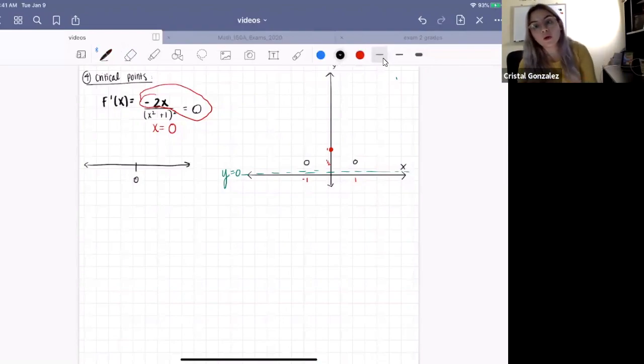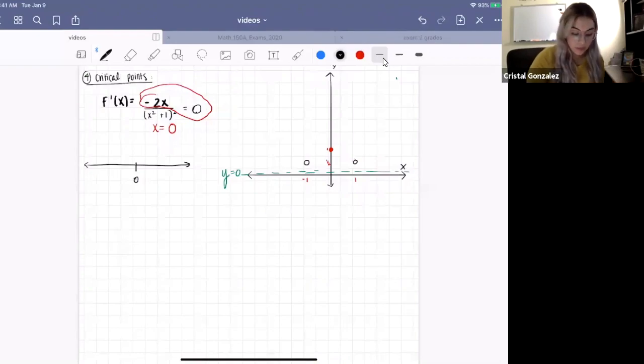And remember that our critical points happen where our function is not differentiable.